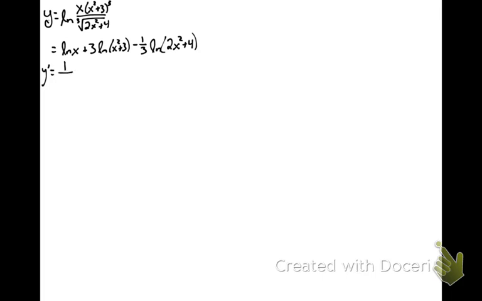The derivative becomes 1 over x plus, what will this be, 3 over x squared plus 3 times 2x by the chain rule minus, let's see, I'll have 1/3 times 1 over 2x squared plus 4, and by the chain rule times 4x.